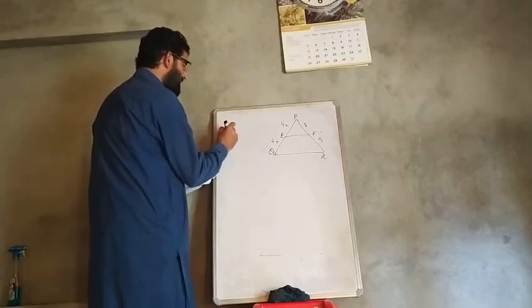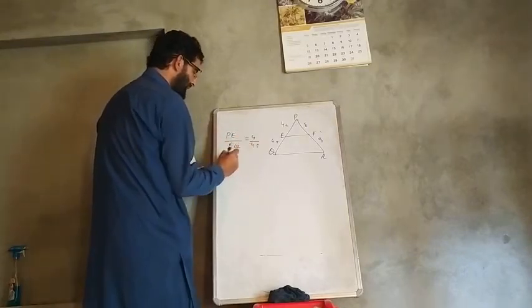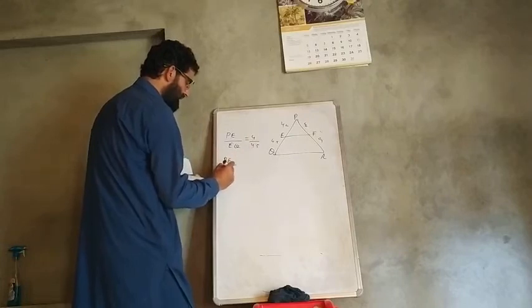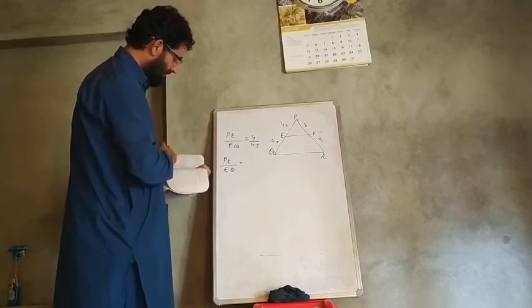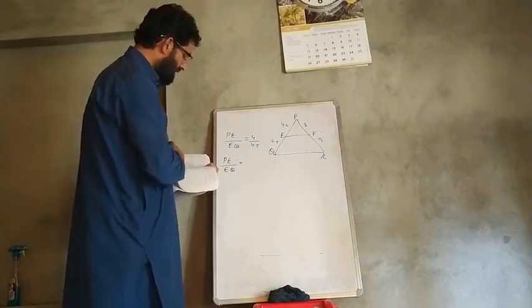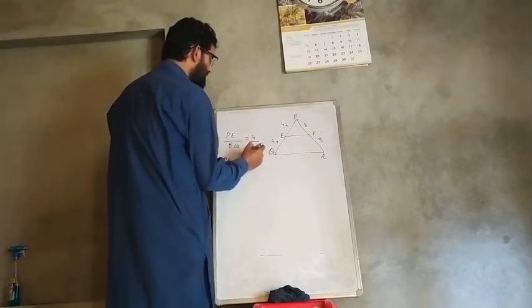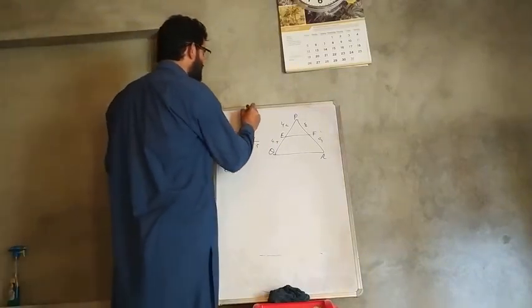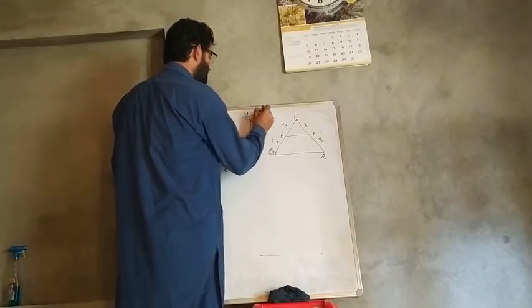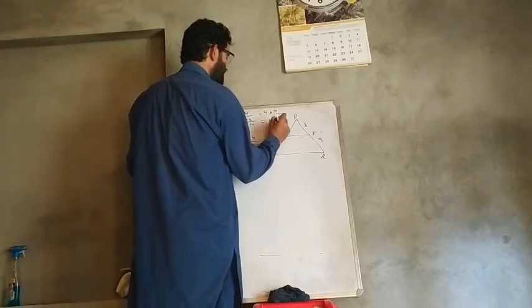So PE divided by EQ is equal to 4 divided by 4.5, which is 4 divided by 45 divided by 10, or we can write it as 10 times 4, 40 divided by 45.